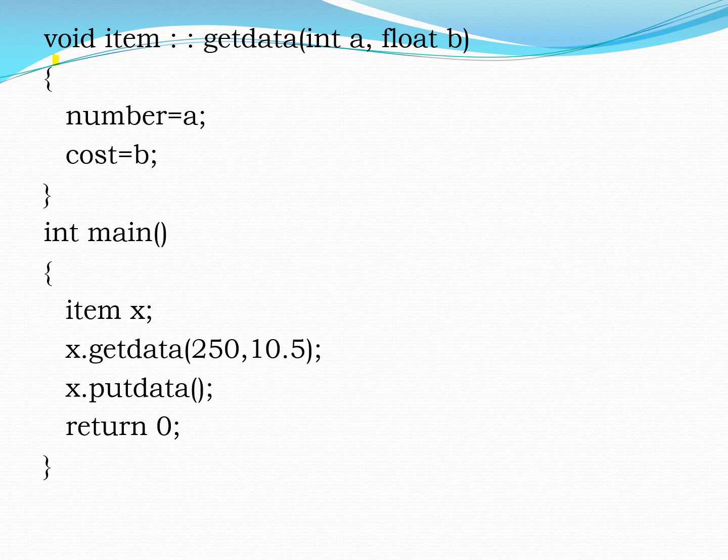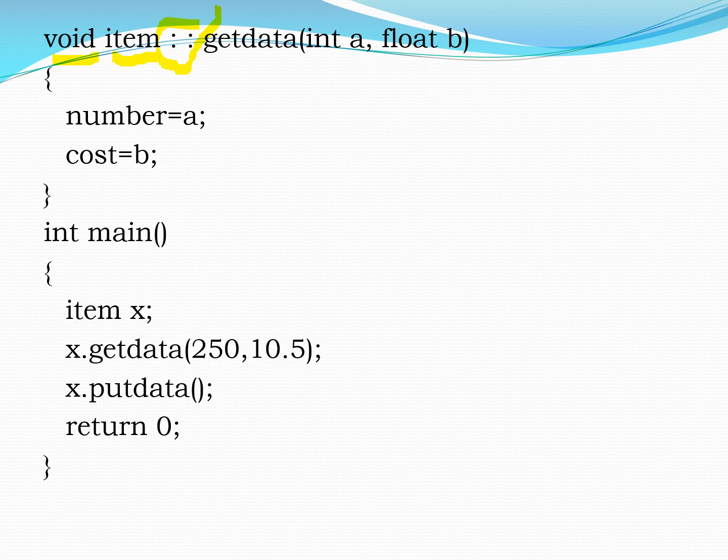The void is the return type and item is the class name, followed by the operator called the scope resolution operator. This operator helps us to define members outside the class, and getData is a member function which we declared inside the class, and I'm going to write the function outside the class.